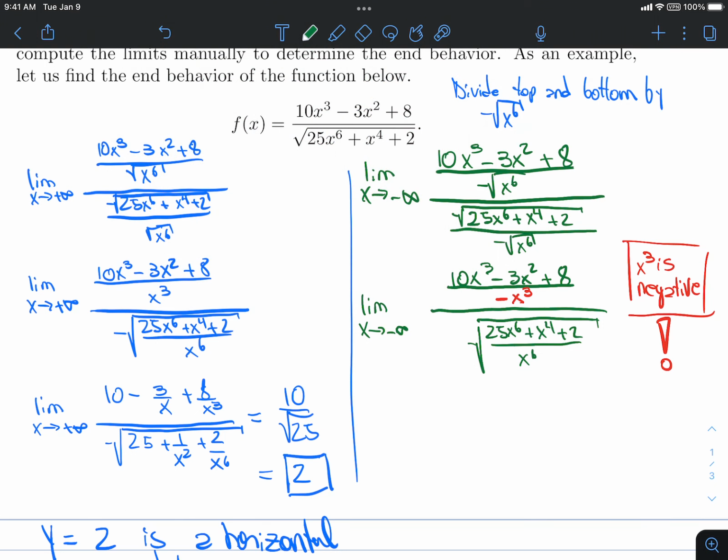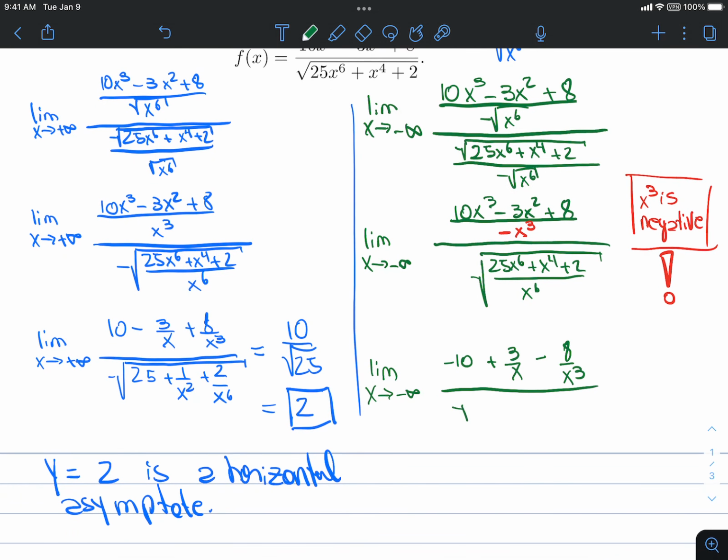And then finally we have that the limit when x goes to minus infinity, pretty much the same idea, but now we have minus 10 plus 3 over x minus 8 over x cubed. So I'm changing the signs of everything. And then the bottom is exactly the same as we had before. Now we can use the same arguments.